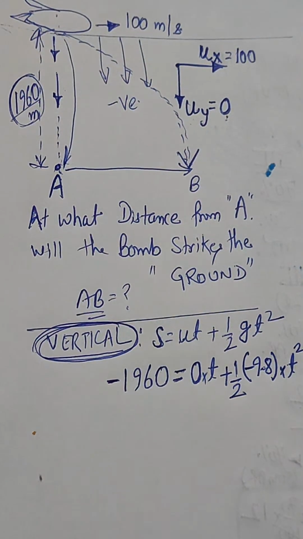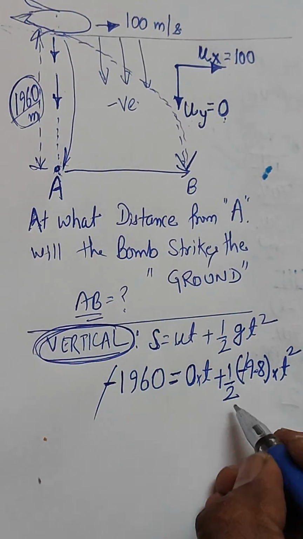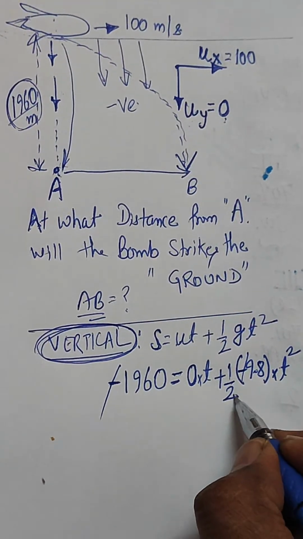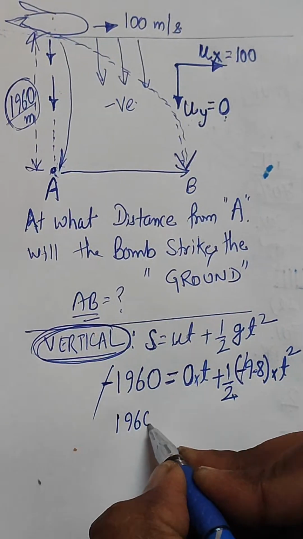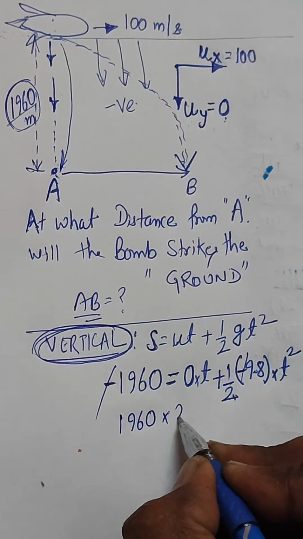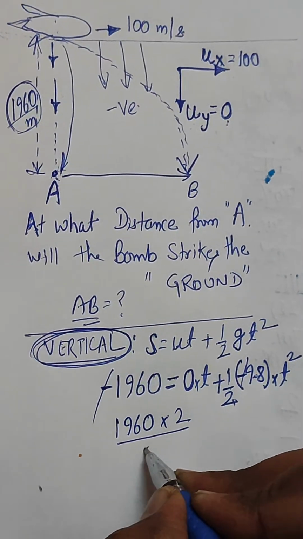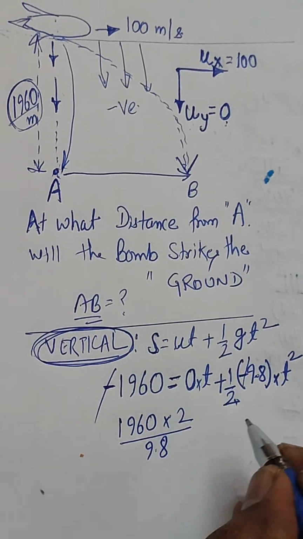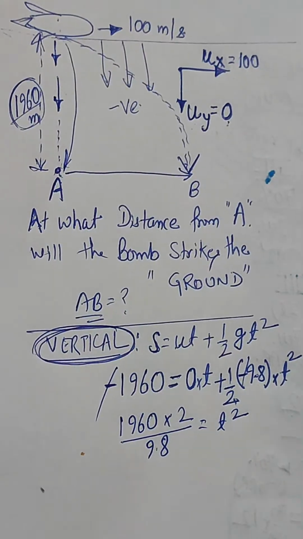Right. So from here you can see minus and minus will be cancelled, and this 2 you can just write as 1960 into 2, divided by 9.8, is equal to t square, isn't it?